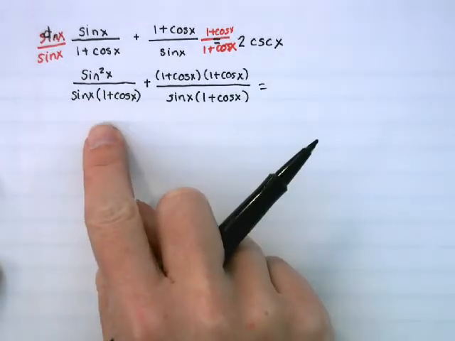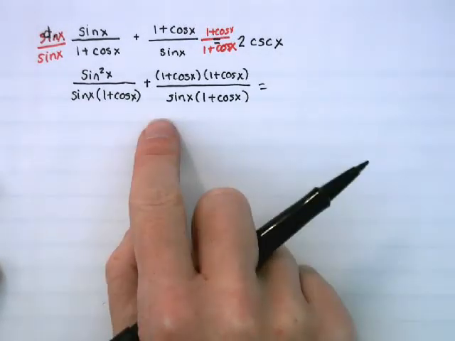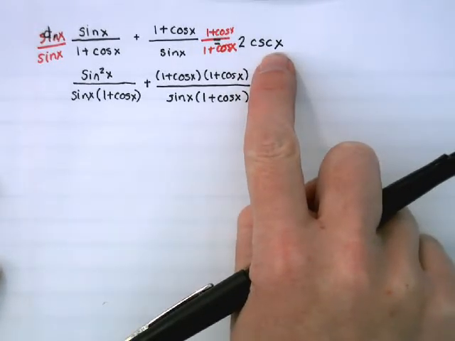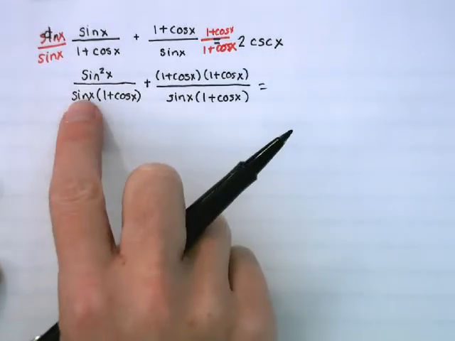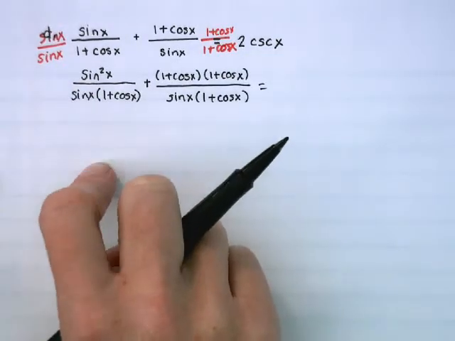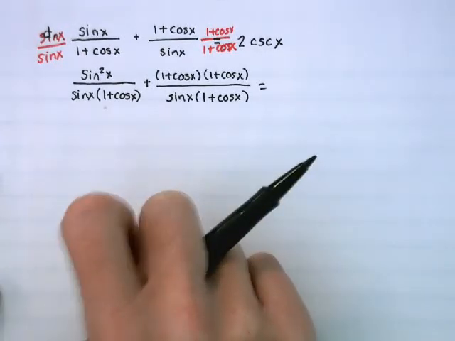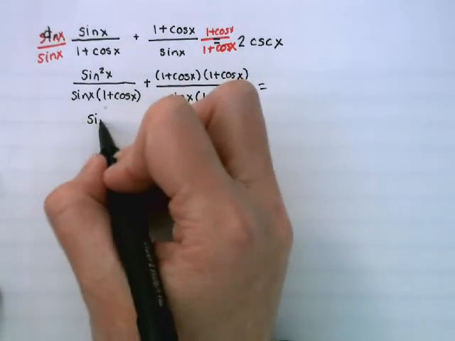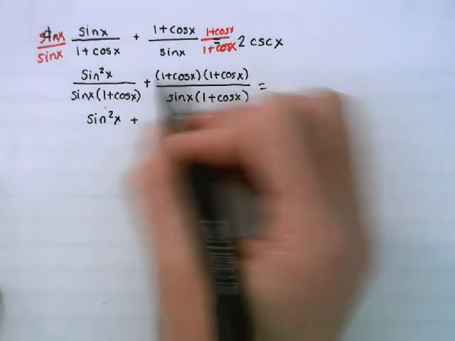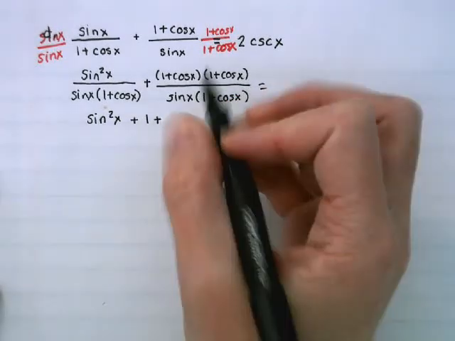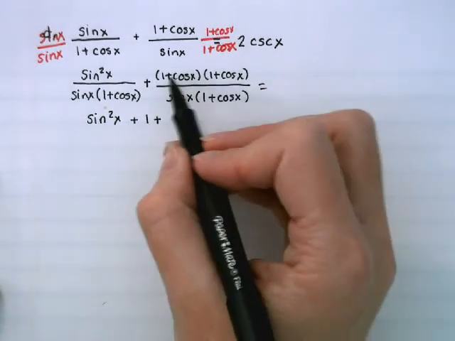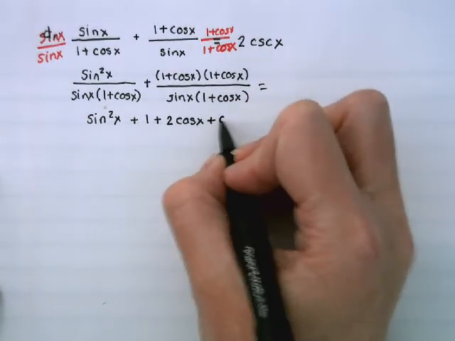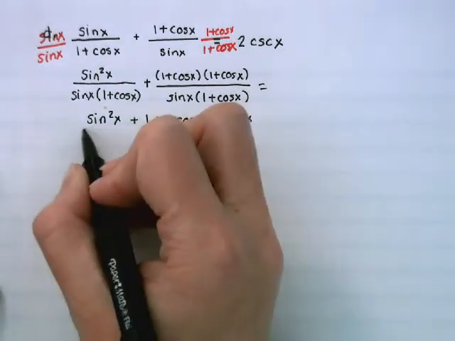Now we can distribute the sine through, but I'm not going to, simply because I know I'm trying to get to cosecant, which is 1 over sine. So I'm going to leave this sine here, hoping that eventually I'll be able to get rid of the 1 plus cosine. So I'm going to combine these and FOIL this. So we're going to have sine squared x plus, when we FOIL this, 1 plus, so we've got 1 cosine plus cosine is going to be 2 cosine of x plus a cosine squared x.